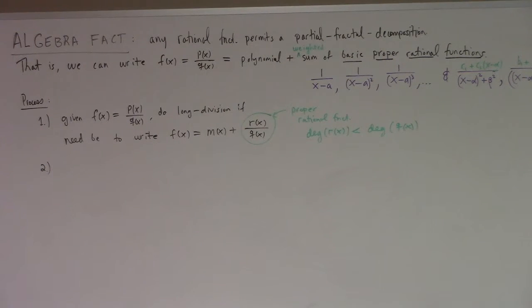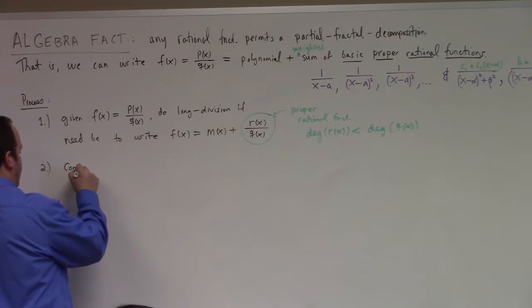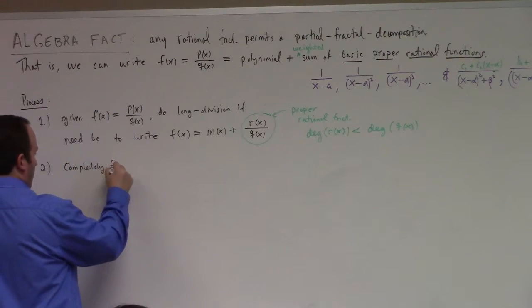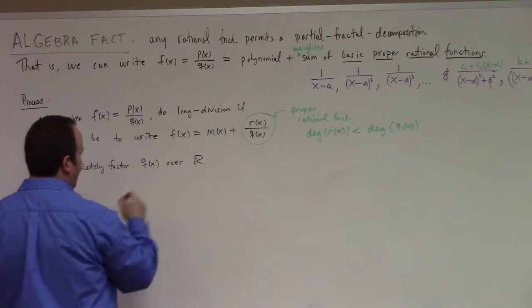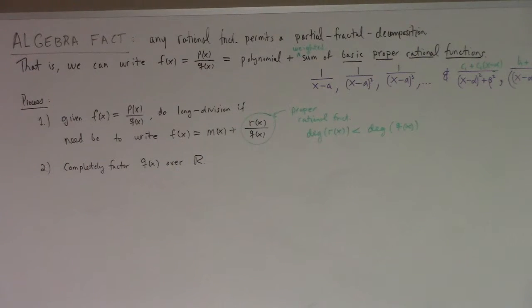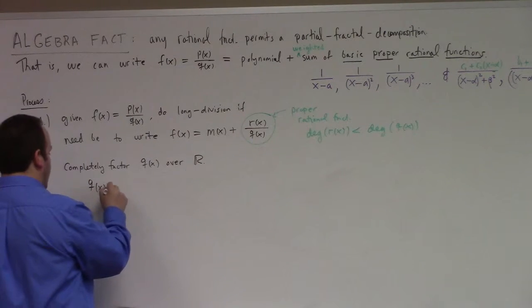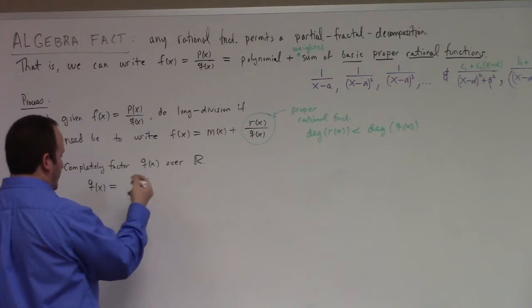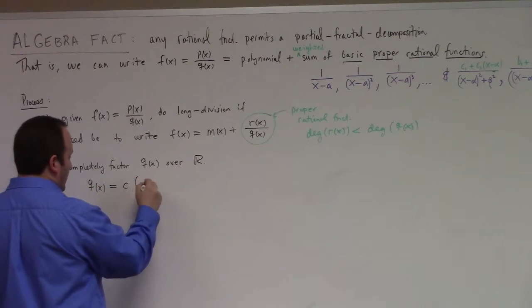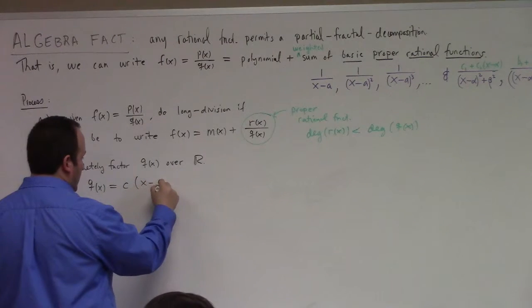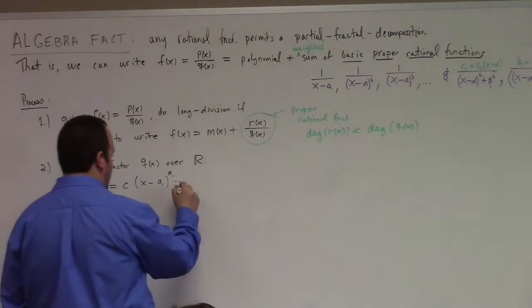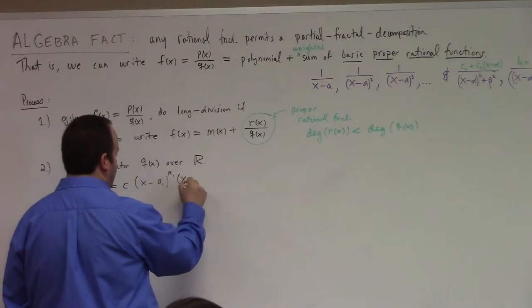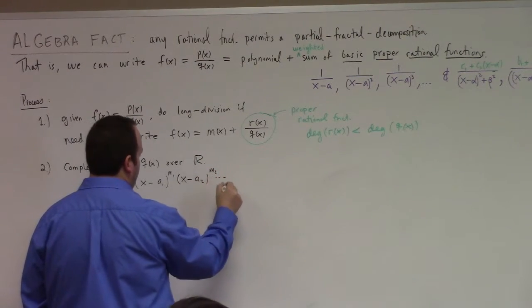Step number two in this process is to completely factor q of x over the reals. What that looks like is something like this. Q of x can be rewritten as some constant c, and then you've got things like x minus a1 to the m1 power, x minus a2 to the m2 power, and this goes on.